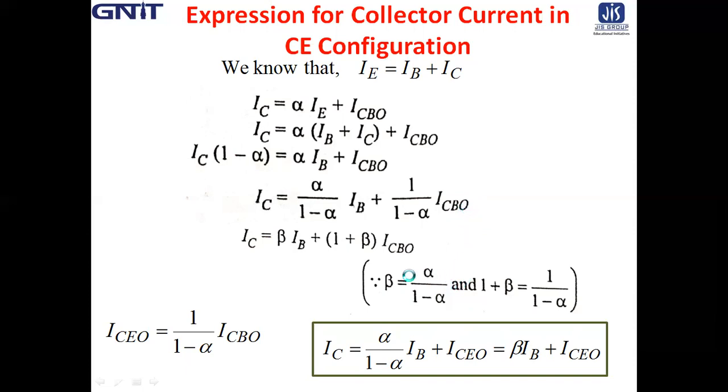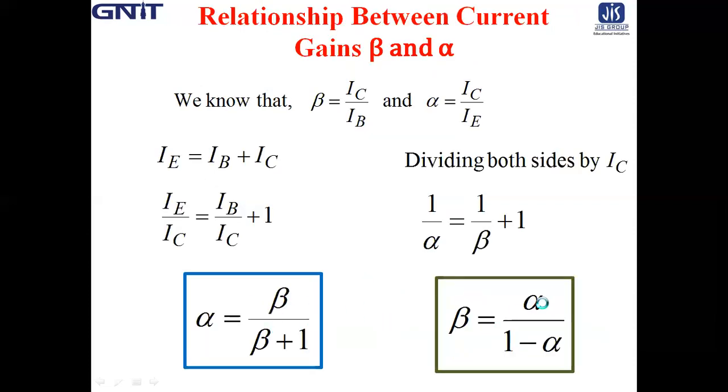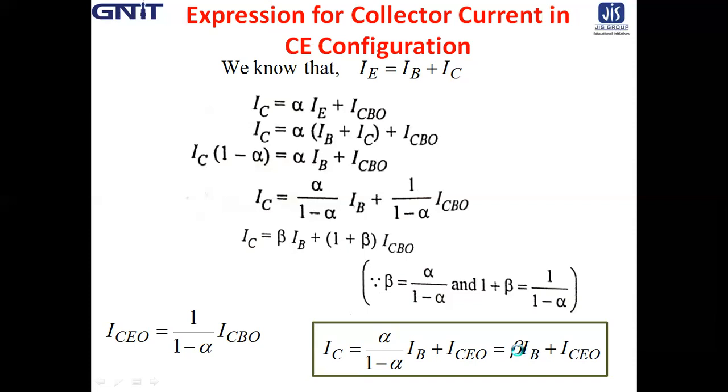So already we determined that beta is equal to alpha by 1 minus alpha. So this term is represented as beta. So IC is equal to beta IB plus 1 by 1 minus alpha, that means basically 1 plus beta, into ICBO.